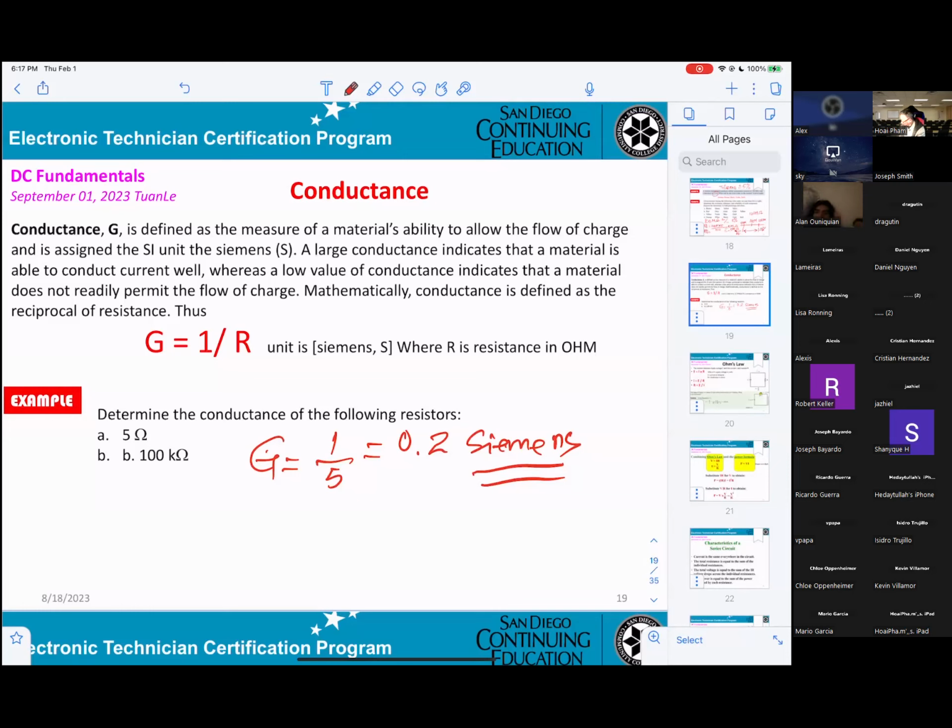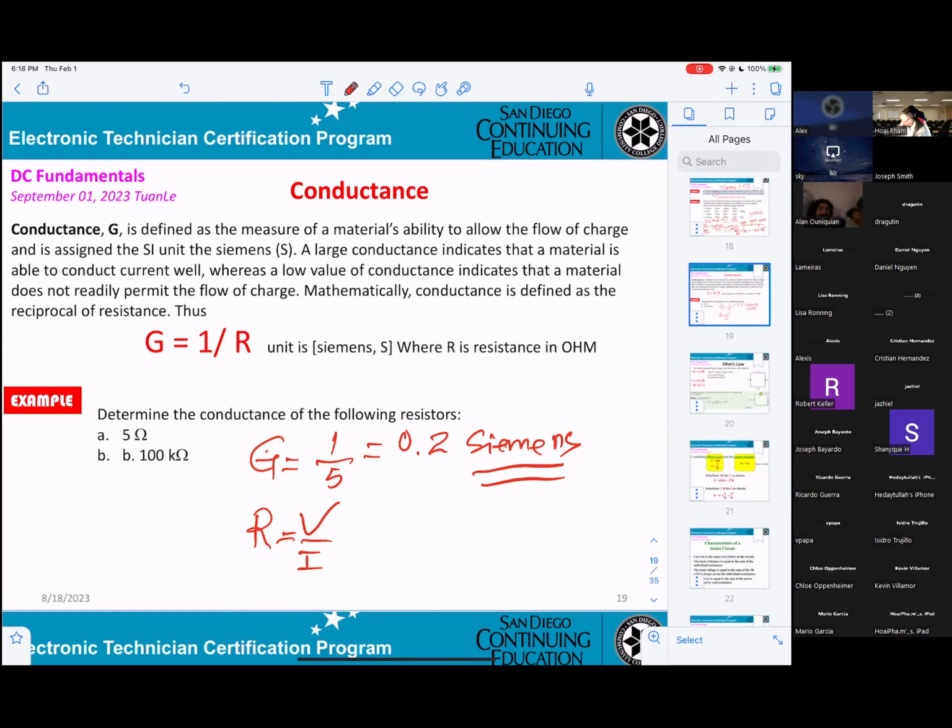So G equals 1 over R, and that also equals I over V, where R equals V over I. But conductance is the inverse of resistance, right? Wouldn't it be G equals I over V? No, we don't care about that.